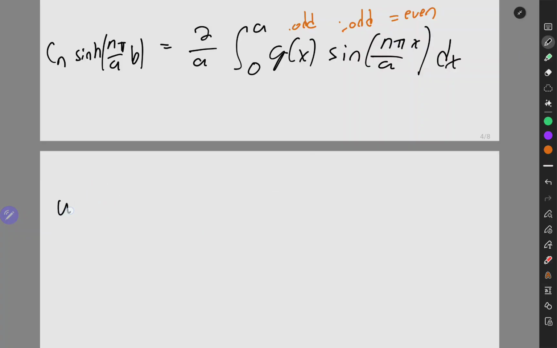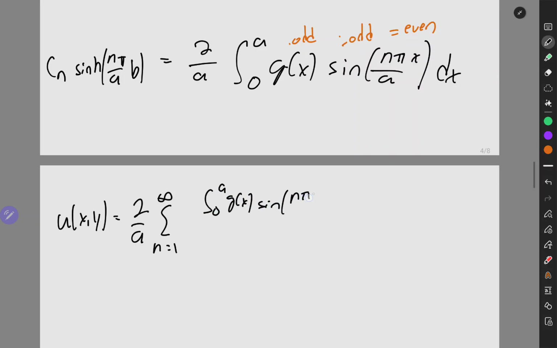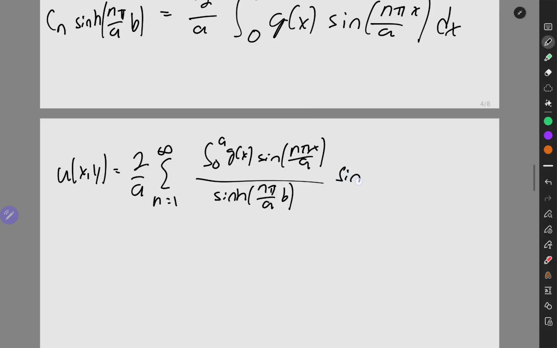Actually, let me just write out the solution. I'm going to keep it in integral form. We can pull out this 2 over a because it's a constant. Sum from n equals 1 to infinity, integral 0 to a of g of x sine n pi x over a, over sinh n pi b over a, times sine of n pi x over a times sinh of n pi y over a.